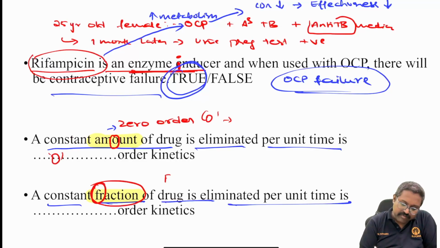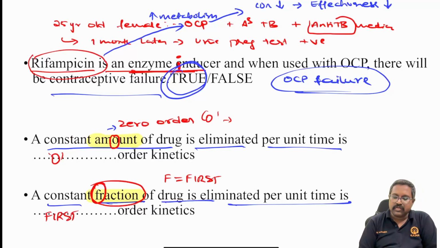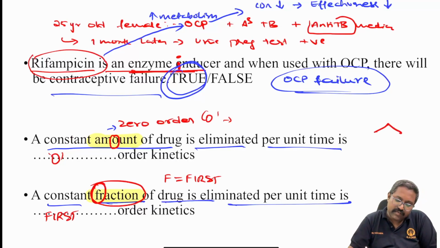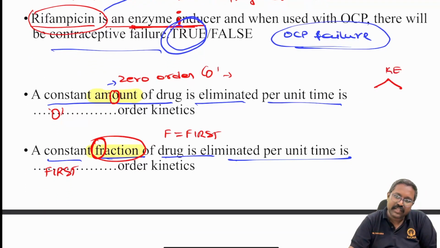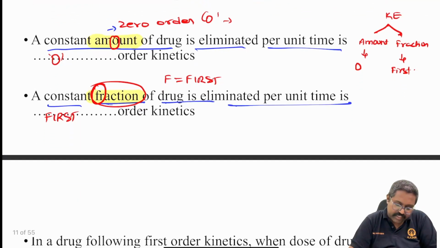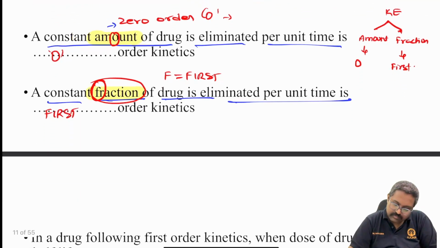Fraction has F for F. That means first order kinetics. So let us make a statement: if a constant amount of drug is eliminated, it follows zero order kinetics, whereas if a fraction of drug is eliminated, it will follow first order kinetics. Is that clear?